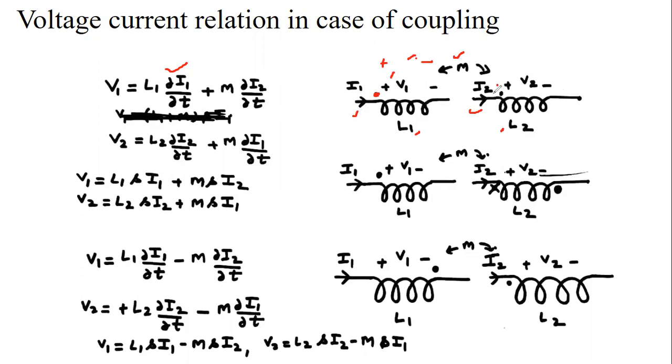And due to the second current I2, because current is entering from the dotted terminal, it will induce a positive voltage at the dotted terminal, or it will support the voltage of coil 1. So here we have shown it with the positive sign. So the value of V1 is L1 del I1 by del T plus M del I2 by del T.